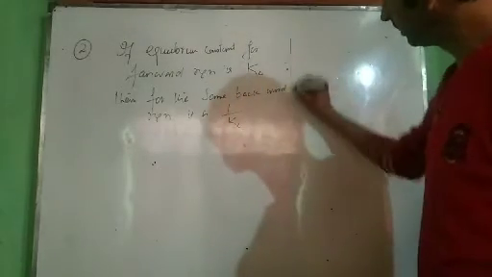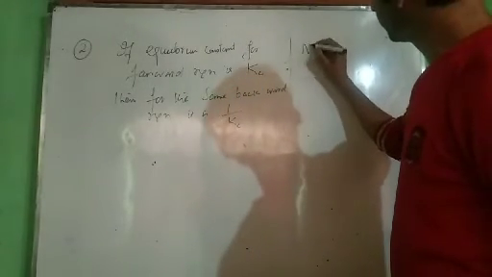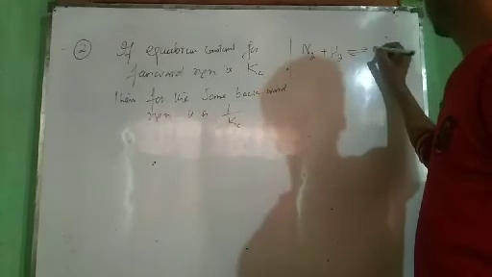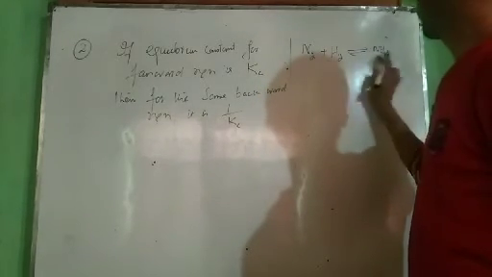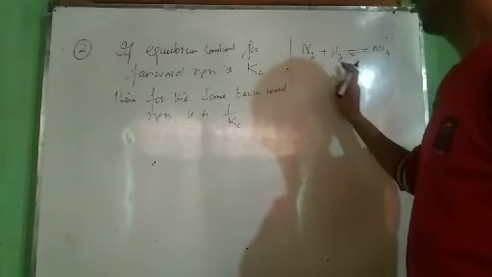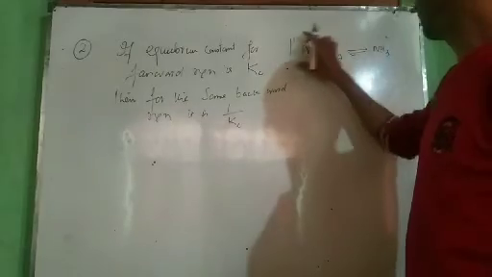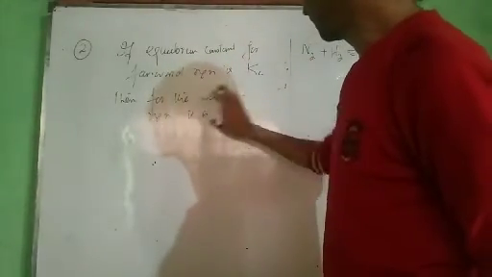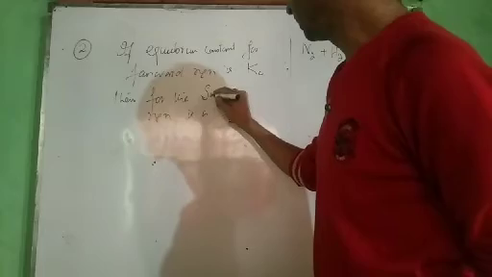For example, we have a reaction nitrogen plus hydrogen gives ammonia. This is one reaction. Let us determine the equilibrium constant for this reaction, and then for the reverse reaction.